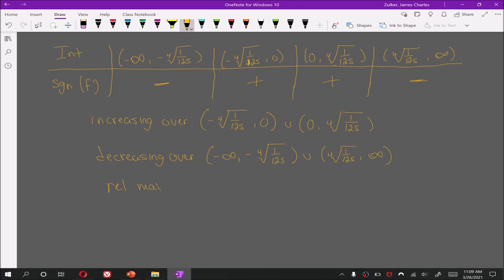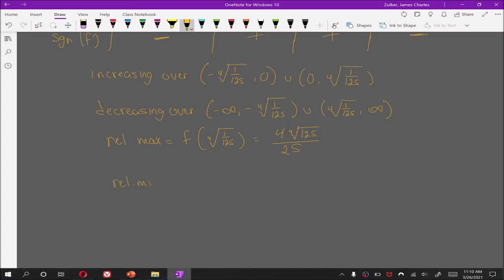Relative max: we switch from positive to negative at the 4th root of 1 over 125. Again, I'll leave you to plug that in, but you'll get 4 times the 4th root of 125 over 25.